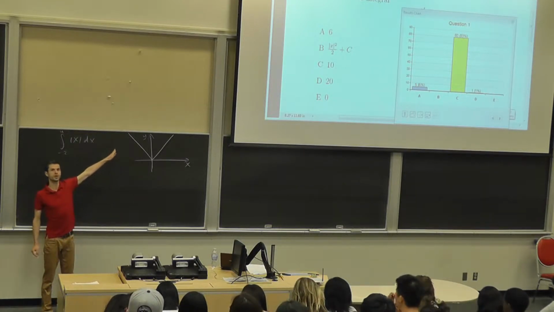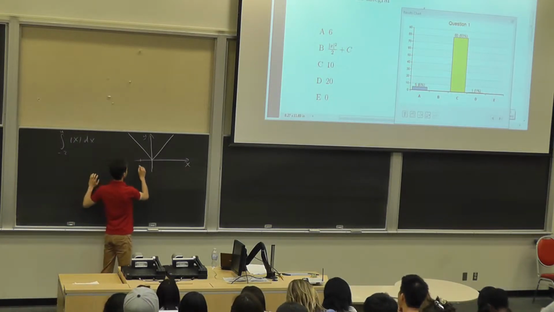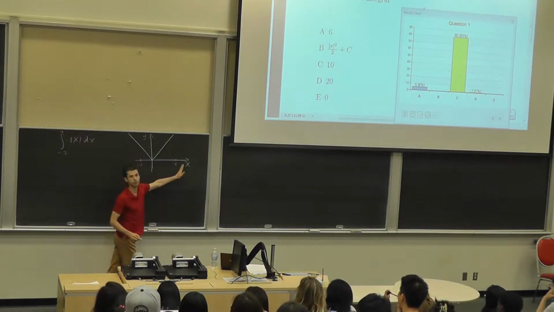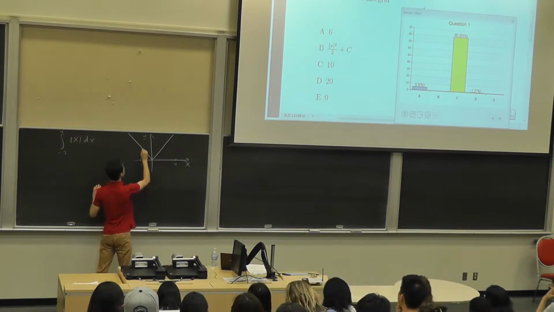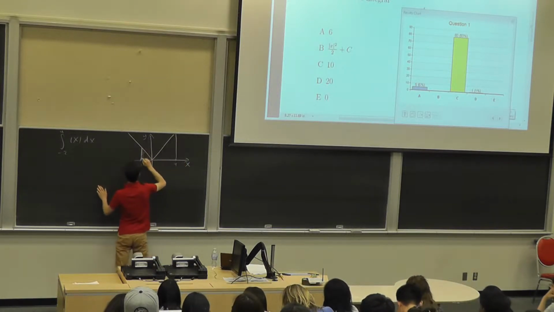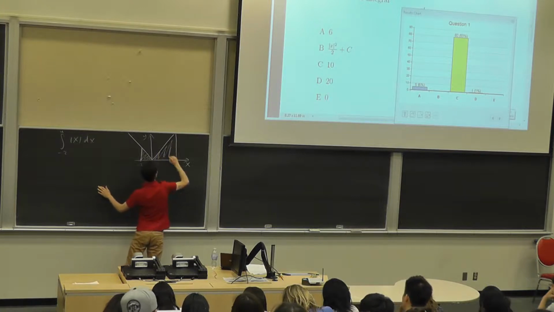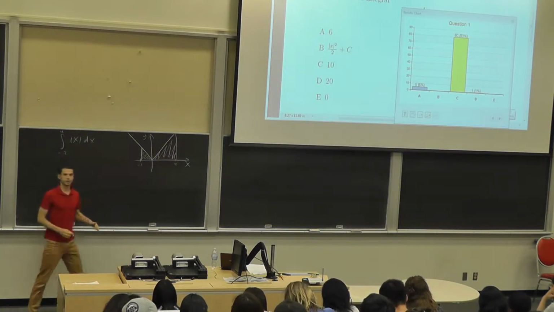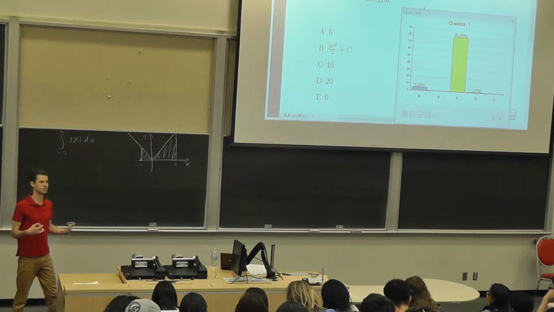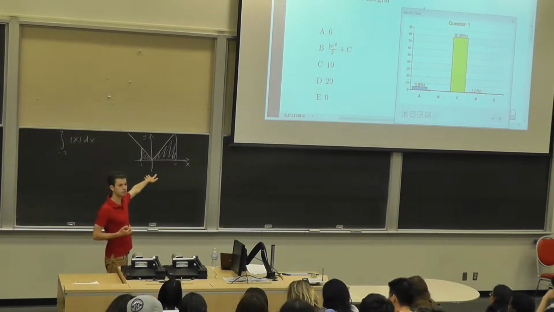So we're talking about this function, and the region we're integrating over is from -2 to 4. So it's these two shapes. And the integral is just, as we said last time, the signed area of this shape.